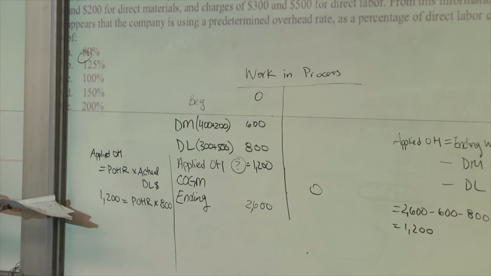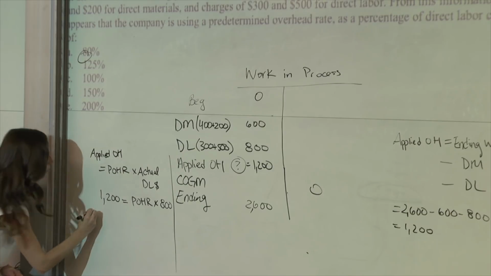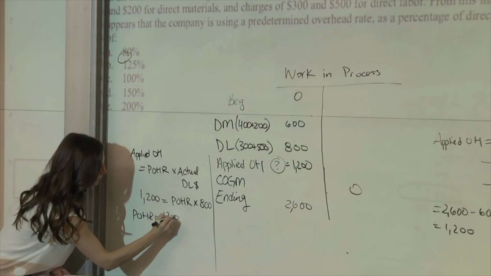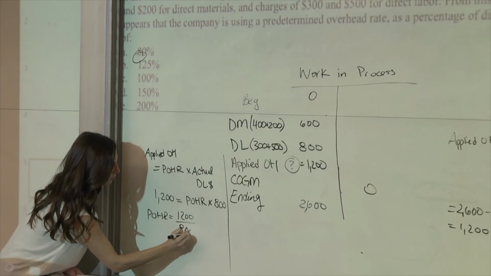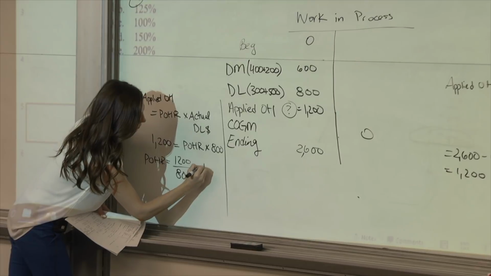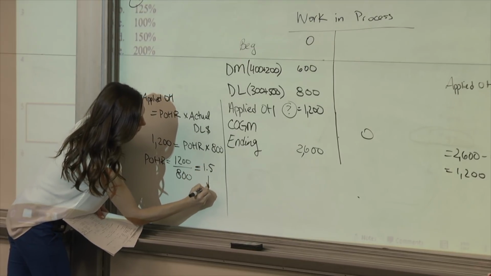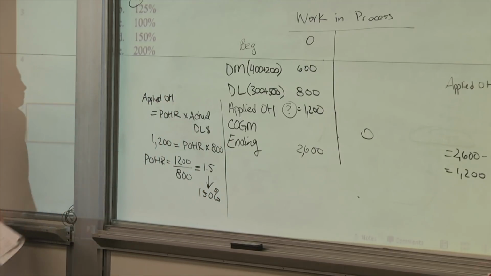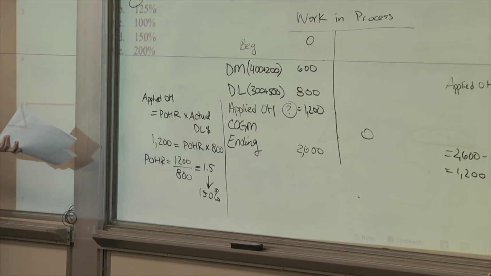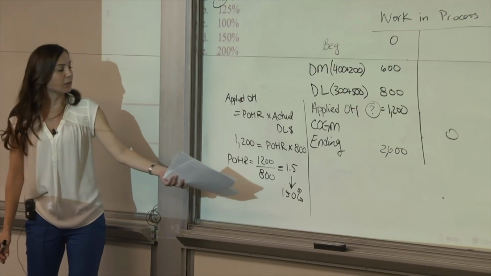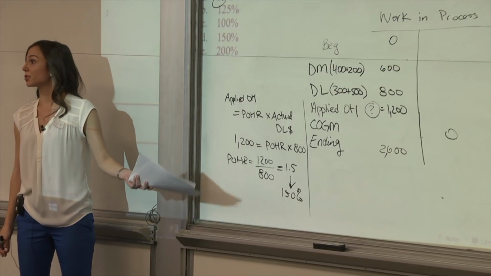So then it's simple to find the predetermined overhead rate. If we divide the $1,200 of applied overhead by the $800 of direct labor costs, then we arrive at a percentage, 150%.